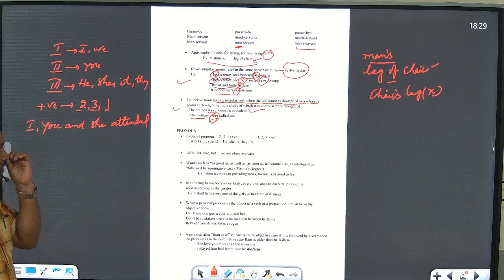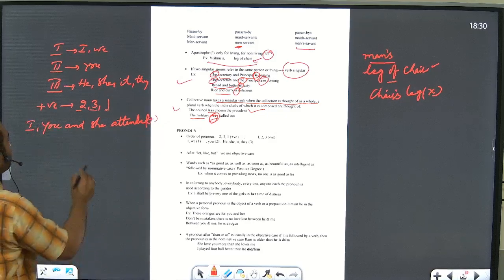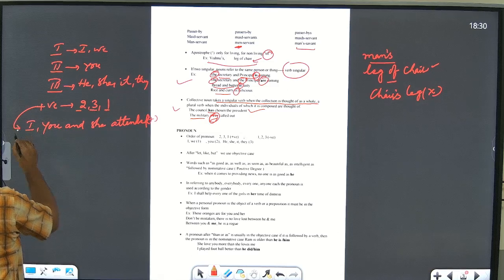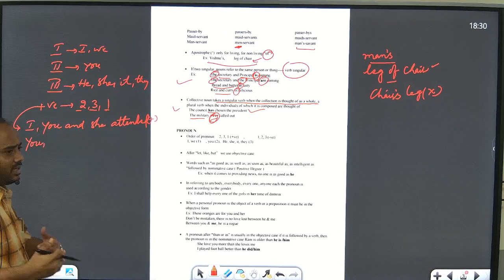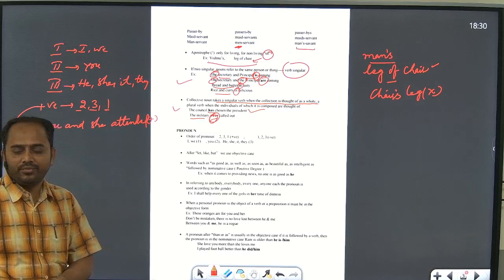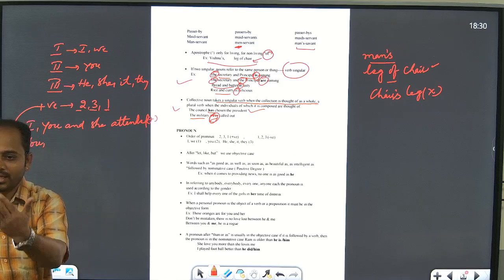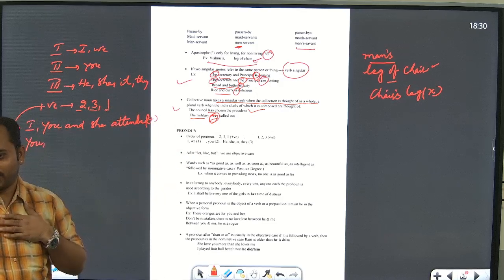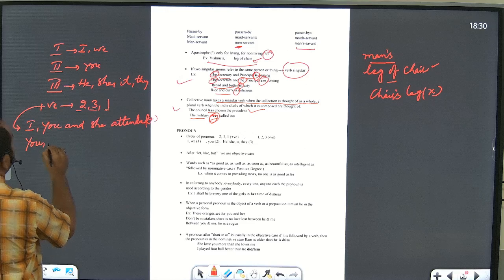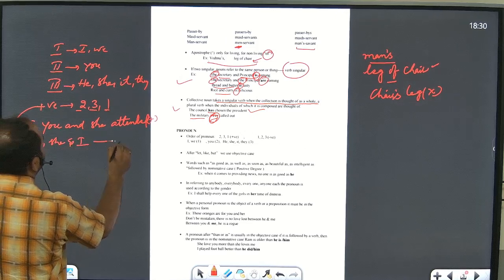Is this a positive sentence or a negative sentence? Definitely it is a positive sentence. When it is a positive sentence, we need to write the order, first you. Like in our regular way of life, we can say first the guest, next the unknown person, finally the host. In the same way, you, she and I attended the party.